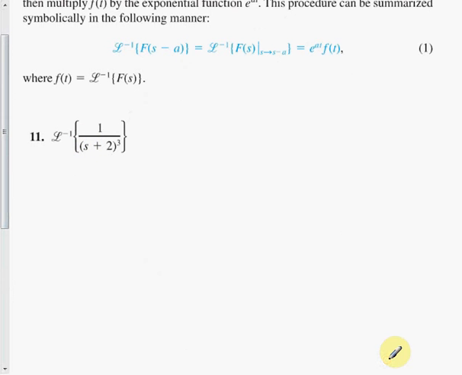It's like two things going on, and it's always like that with the inverse, two things that you somehow merge together to get your result. If you look at this, there's the inverse of 1 over s to the third.